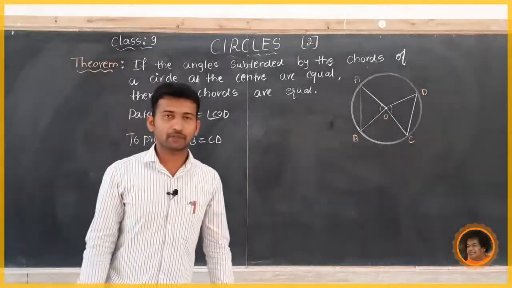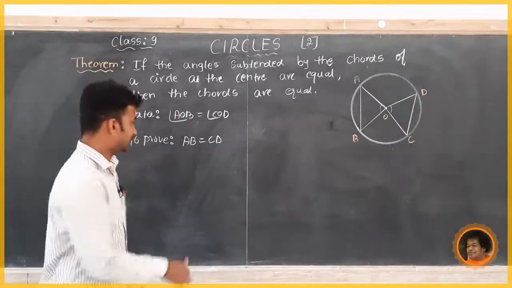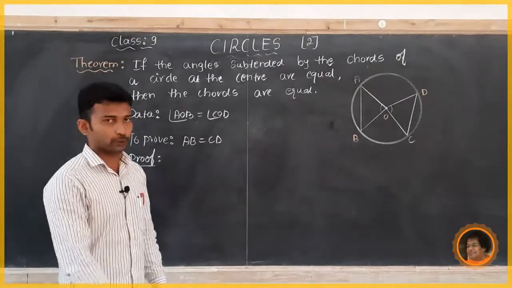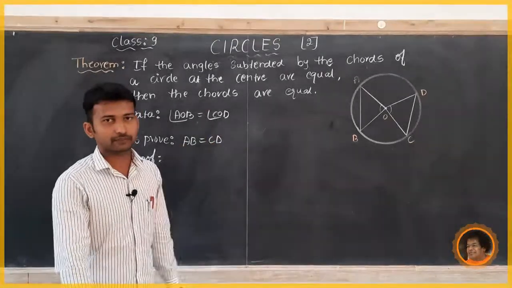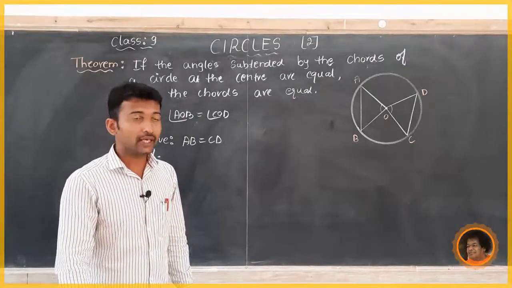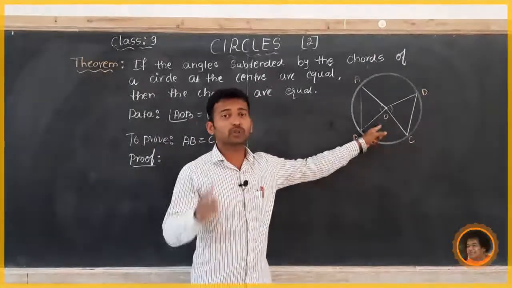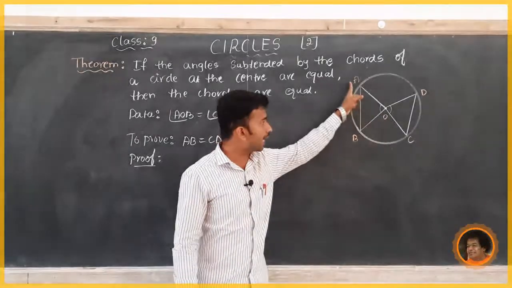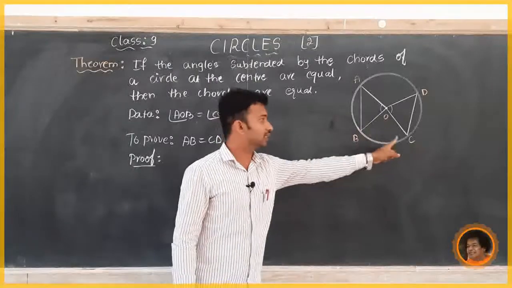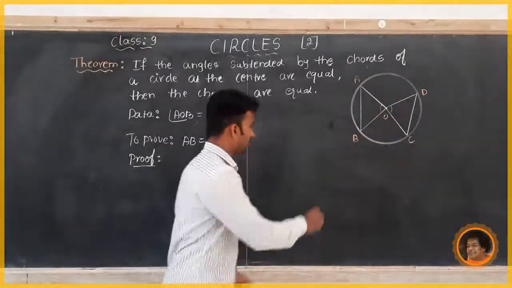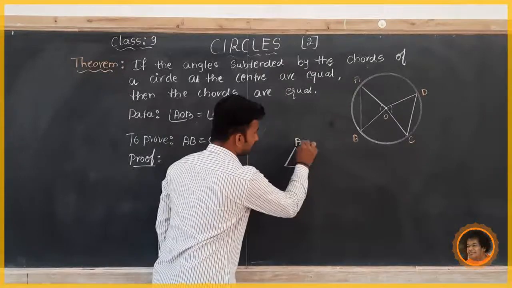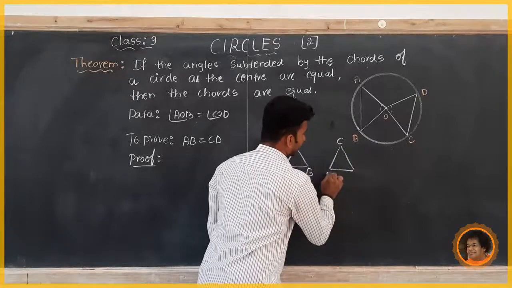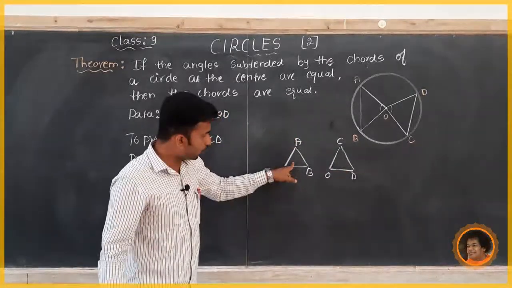What is the next step? Yes, third step, proof. How to prove AB equals CD? Here also, in this circle, we have to consider two triangles, triangle AOB and triangle COD.